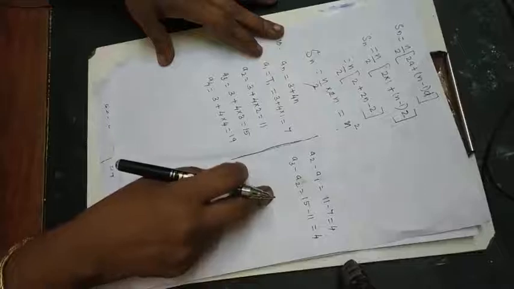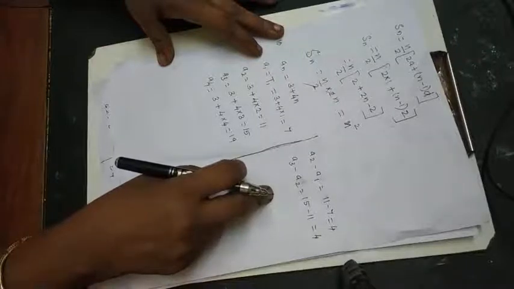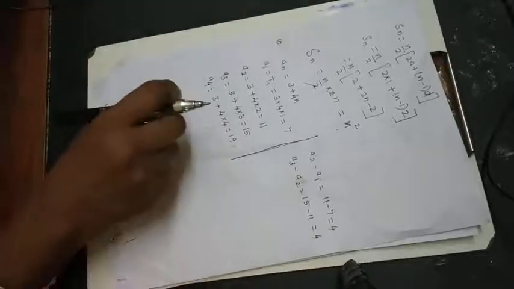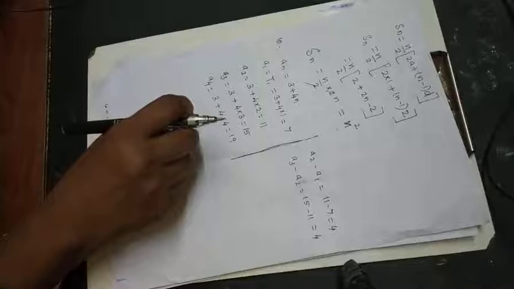Now second question, it is given, find the sum of first 15 terms. If it forms an AP, you have to find out the sum of first 15 terms.